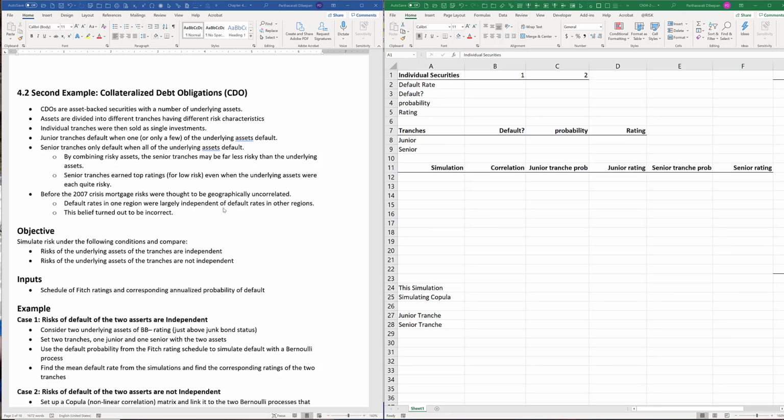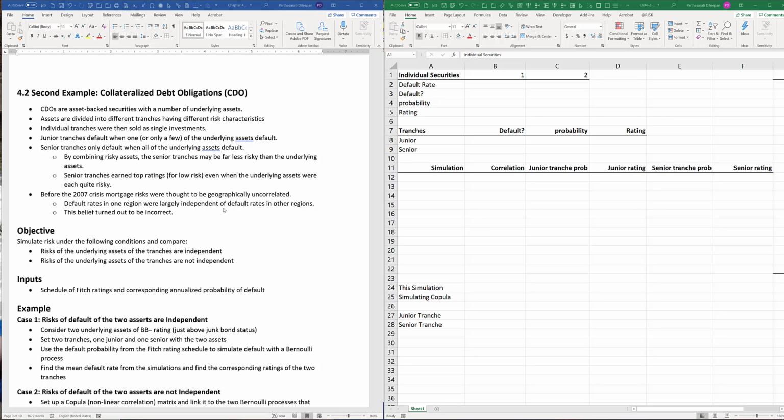So what we're going to do is divide the assets into two tranches. We're going to look at a simplified example, so there are only two assets. The junior tranche consists of these two assets, in which case the junior tranche will default if either one of them defaults.